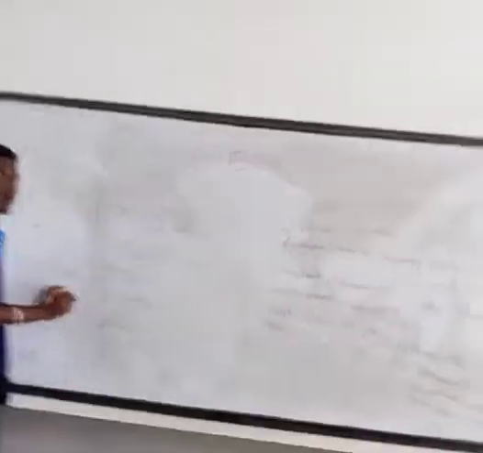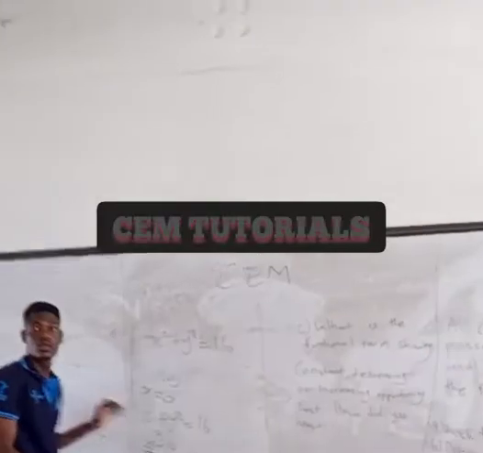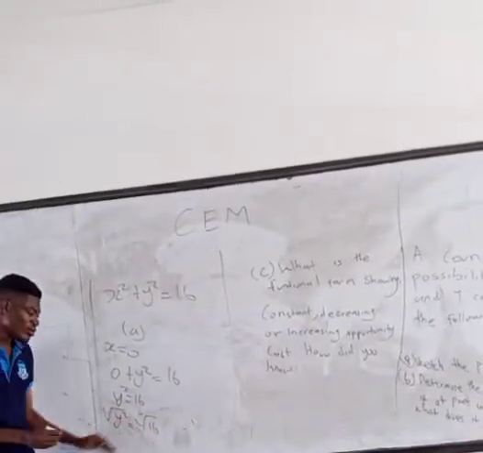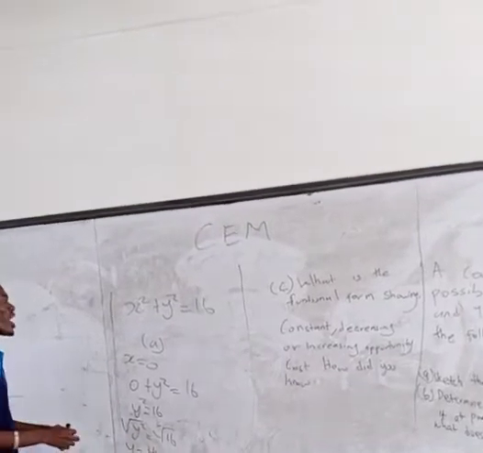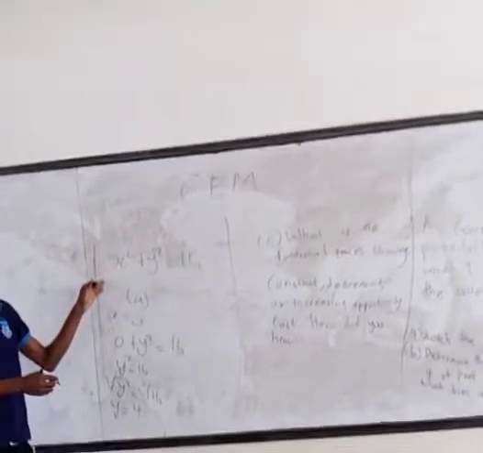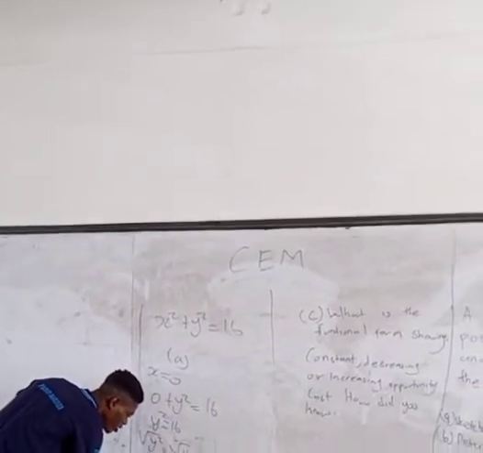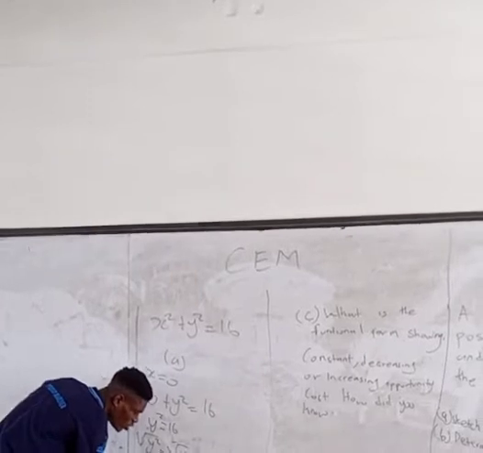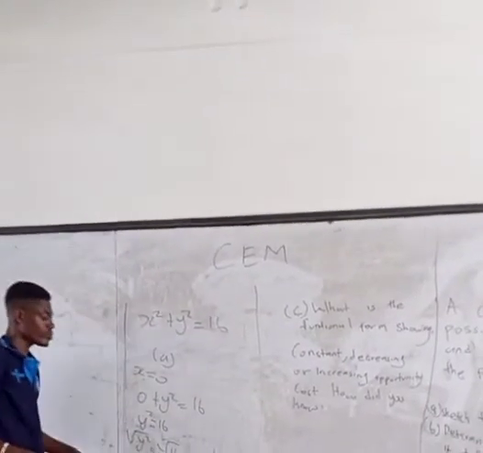You have to square root both sides, so your y is equal to 4. So when x is equal to 0, y is equal to 4.